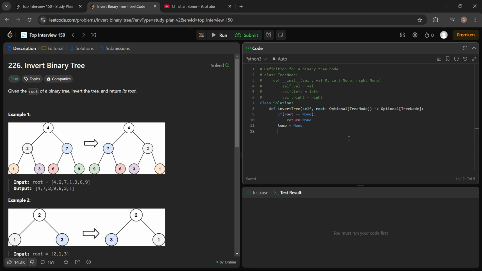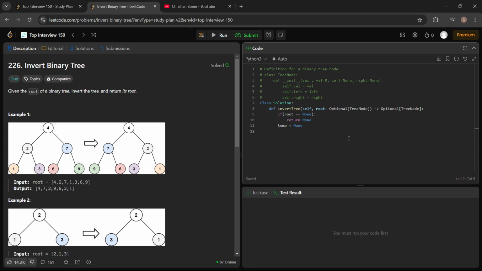But if the left or the right side has a node, then we need to swap it to the other side. The nodes need to be swapped.